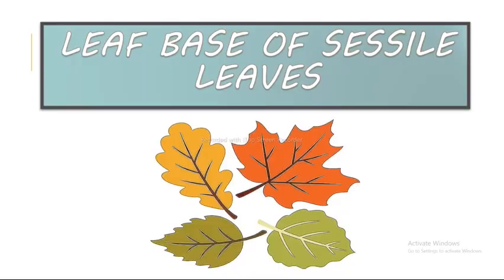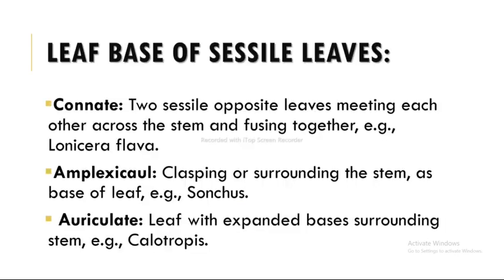So next I am going to discuss about the leaf base of the sessile leaves. First is the connate. Two sessile opposite leaves meeting each other across the stem and fusing together, for example in the Lonicera flava.